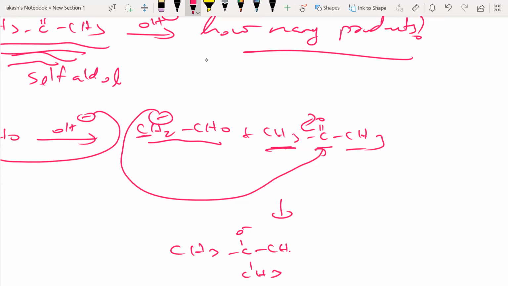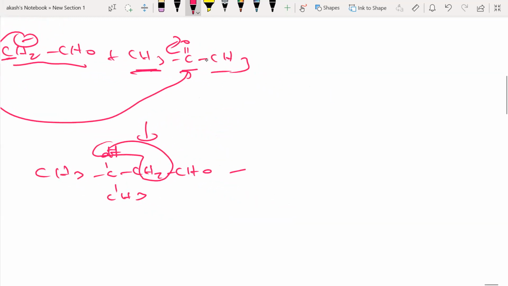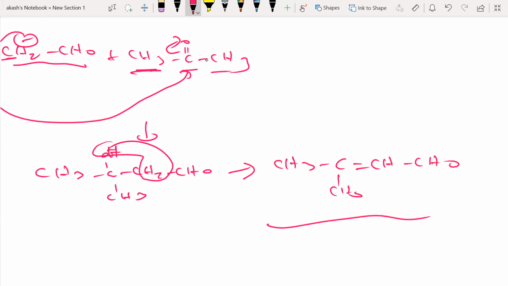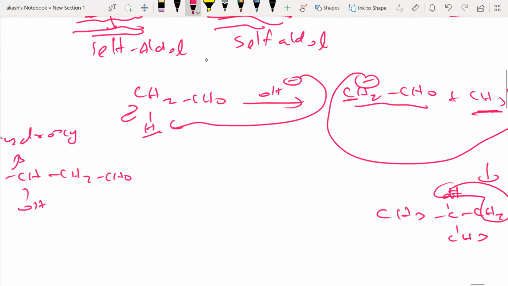So you will have CH2, CHO, and eventually I'll have a OH also attacking H plus, right? Then what we'll do, we will remove one H2O, right? So we will form CH3, C, CH3, double bond, CH, CH. This is your final product. This is your cross-aldol product number 1. Right? So like this, the cross-aldol product number 2 also.